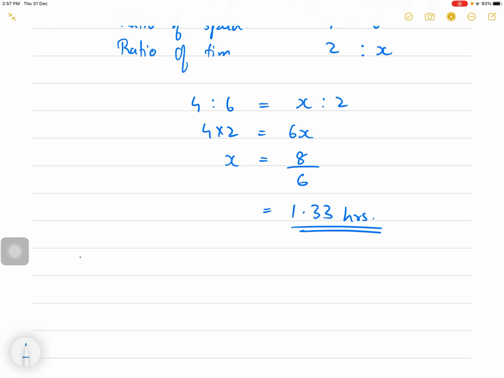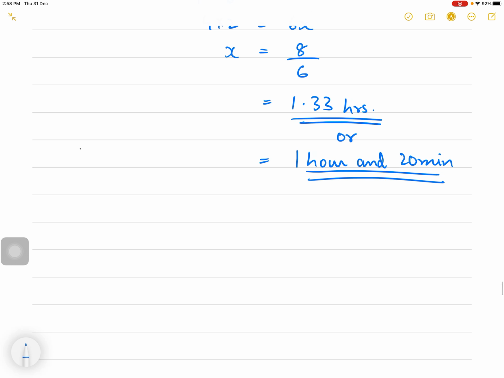Right? 0.33 hours means 1/3 of 1 hour, which is 20 minutes. Right? So this is 1 hour and 20 minutes.